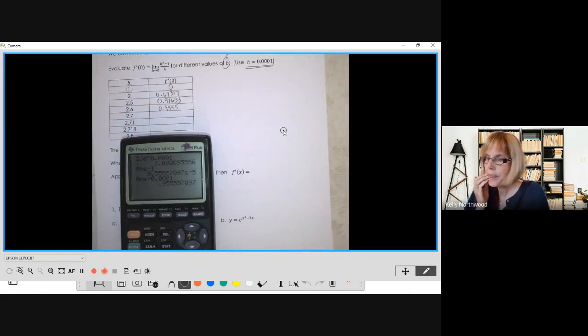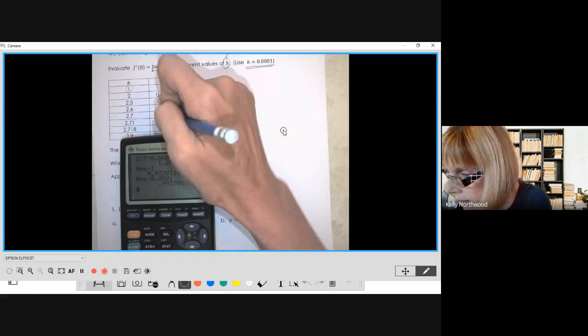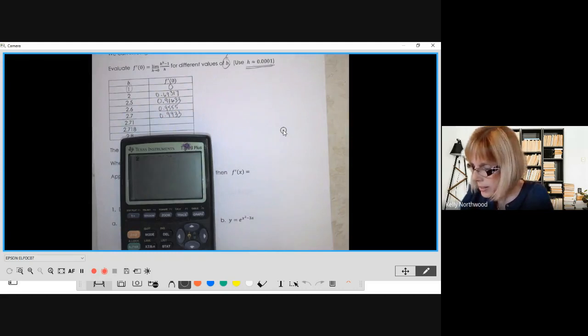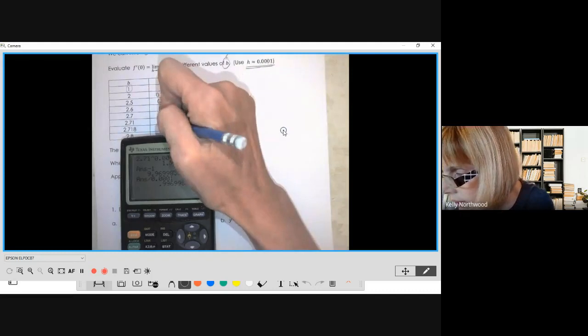Getting closer to 1. Try the base 2.7. Subtract 1 equals divided by 0.0001, 0.9933. 2.71 we're going to try as our base next. Oops, minus 1 divided by 0.0001, 0.996998.